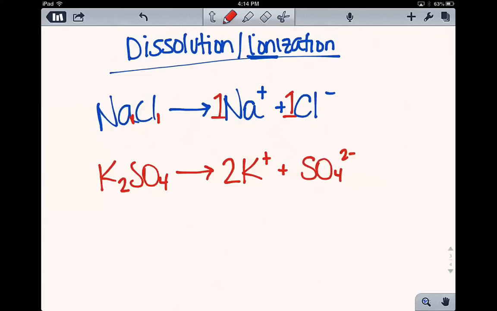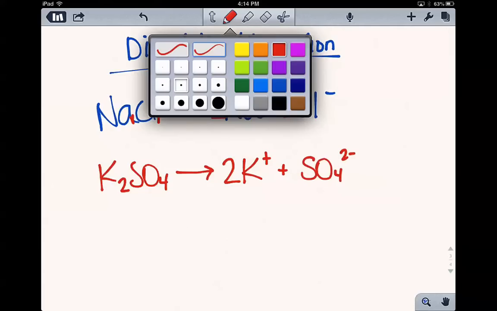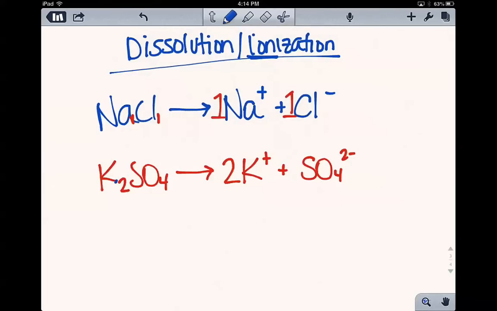And the reason that it does this is because the subscript on the potassium is 2 and the subscript on the sulfate, there isn't 1, so it's just 1. Remember, this 4 is a part of the whole sulfate ion, not a subscript saying that we have 4 sulfates.